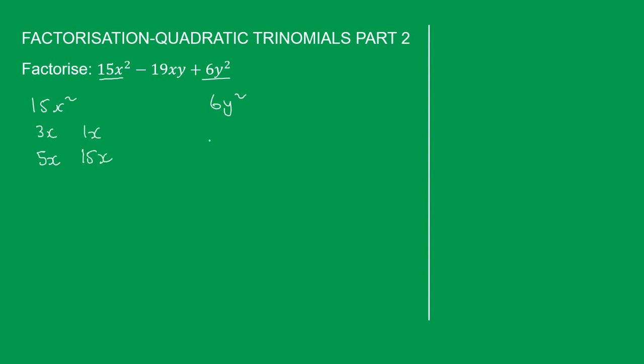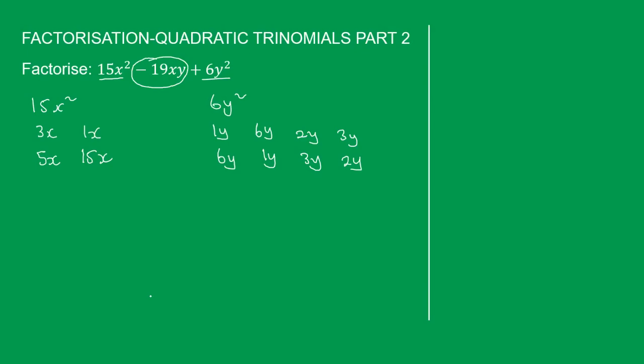And then for 6y squared can be 1y, then 6y. For the last term, we have to reverse the factors. So it's again 6y, then 1y. Then we can have 2y, then 3y, then 3y, then 2y. So we want a combination that will give us negative 19xy if we what?